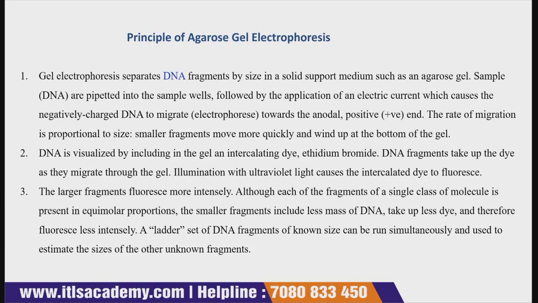Sample DNA is pipetted into a sample well, followed by the application of an electric current, which causes the negatively charged DNA to migrate towards the anode, that is the positive end. The rate of migration is proportional to the size; smaller fragments move quickly and wind up at the bottom of the gel.